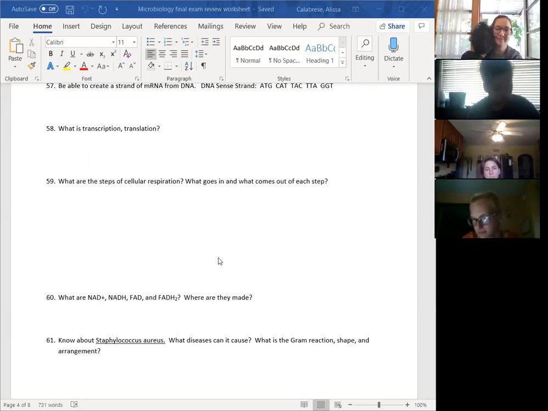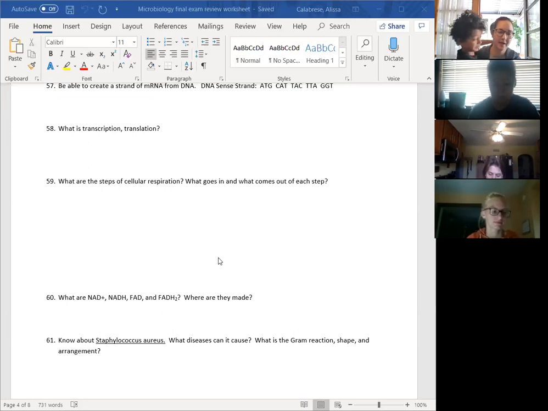Your 4 steps of cellular respiration are glycolysis, then the preparatory reactions, the Krebs cycle, and the electron transport chain. You should be familiar with those 4 steps, and then the basics of what's going in and what's going out.